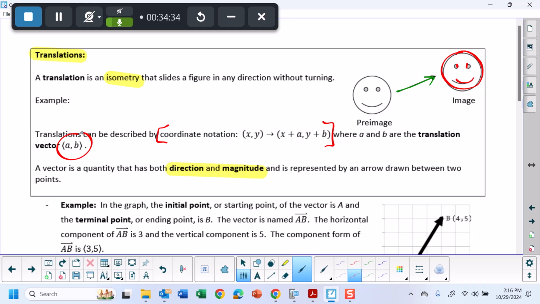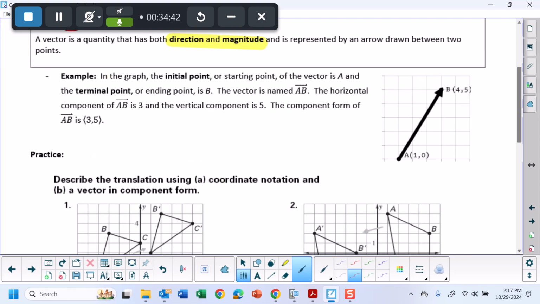So when we're talking about how we designate that notation, vector notation is of course a shortcut, because in mathematics, we like shortcuts. Here we go. Your initial point is always where you're starting.